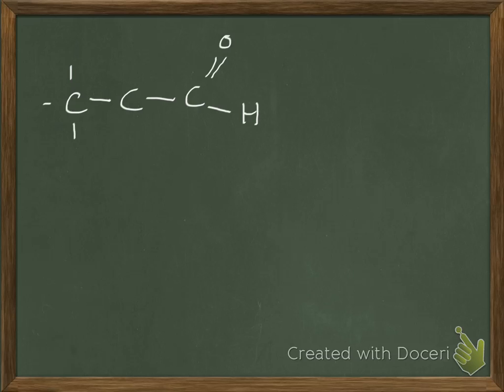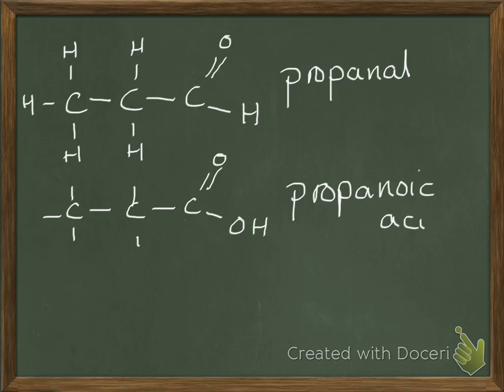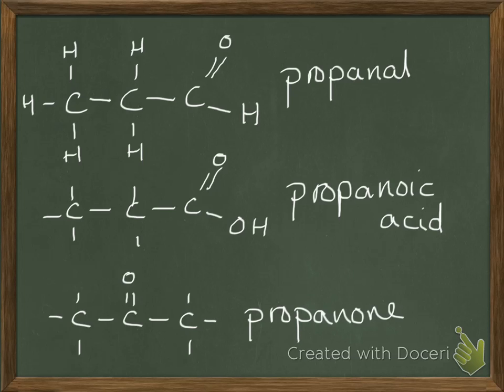So in this mixture we have got propanal, which if you leave it oxidizing for too long will oxidize to propanoic acid. So let's assume that we've got propanal and propanoic acid that has been formed, and propanone, which is the compound that we want.